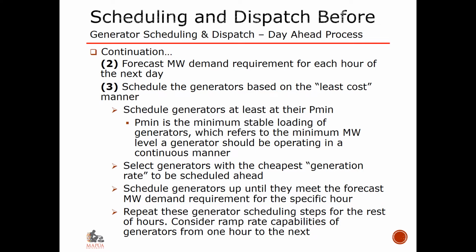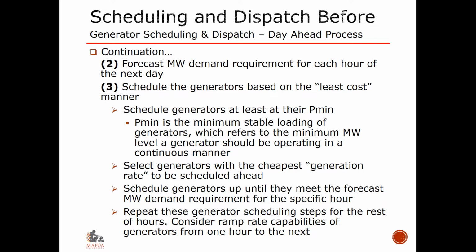So a generator, let's relate it to a car. When you're driving a car, you have to maintain a certain speed or a minimum speed when you're moving. So it's the same with generators. There should be a minimum output, which is actually equivalent to a minimum speed as well when they are running.